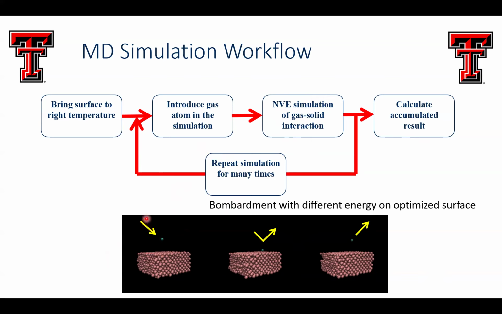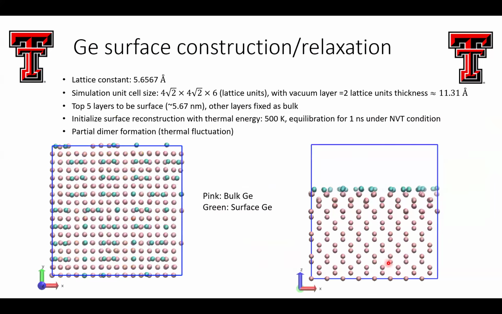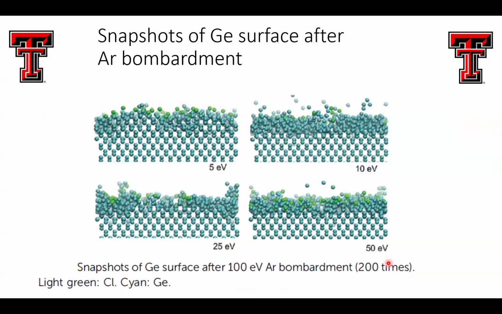So you let the gas atom bombard the surface, let it interact with the surface, and leave again. Of course, one single gas atom doesn't do much damage to the surface, so therefore you don't see much. But if you do this 200 times, you get this.